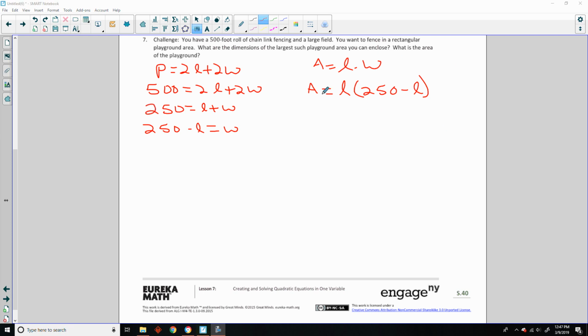So now if I set this equal to 0, we have L times (250 minus L). Then we use the zero product property, so L equals 0 or L equals 250.